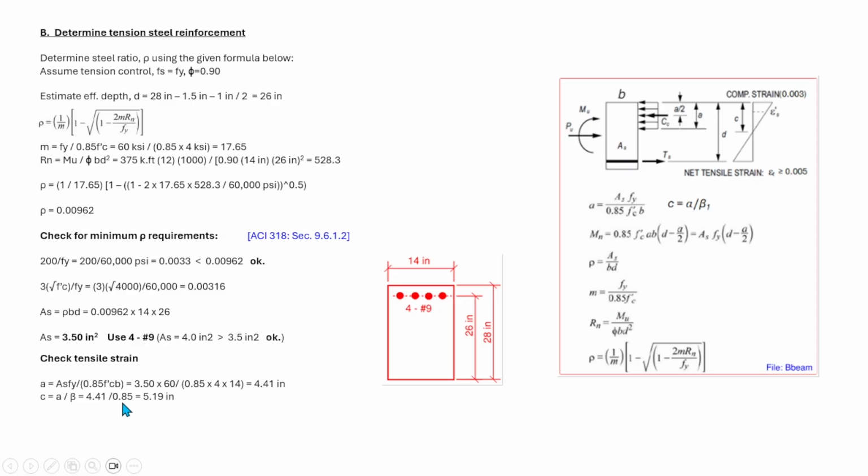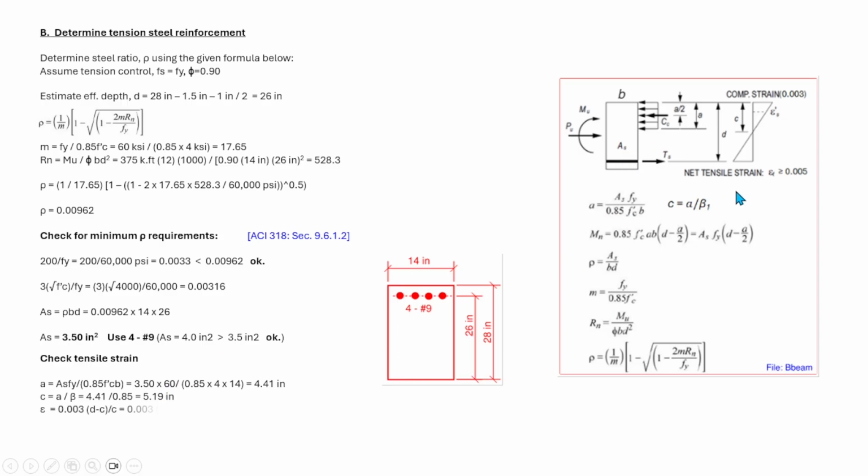If the strength of concrete is less than or equal to 4,000 psi, the value of beta is 0.85. So c is equal to 5.19, and this is the location of our neutral axis, this one here.